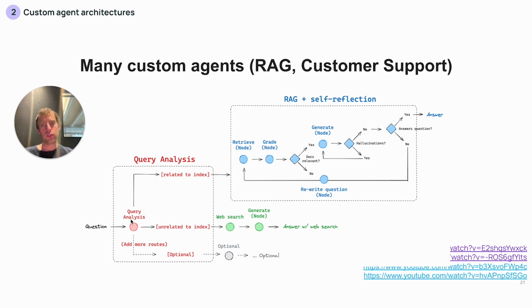For example, in this query analysis node, the LLM only has to decide where does the question go? Does it go to web search or vector store? And in this grading, it only has to decide, is this document relevant to the question?